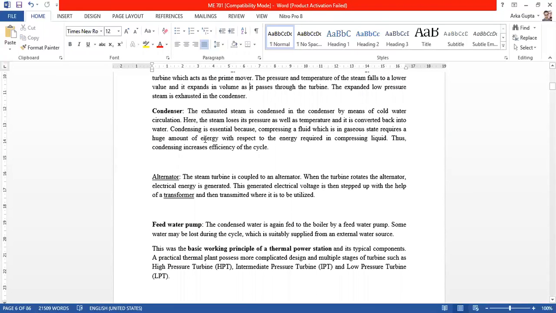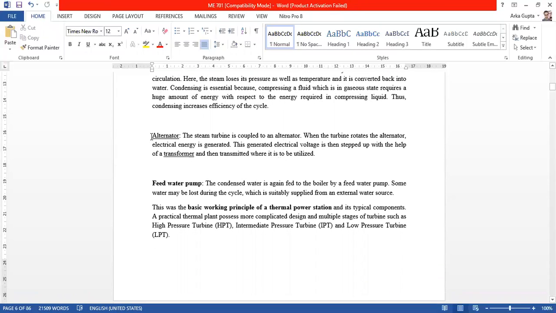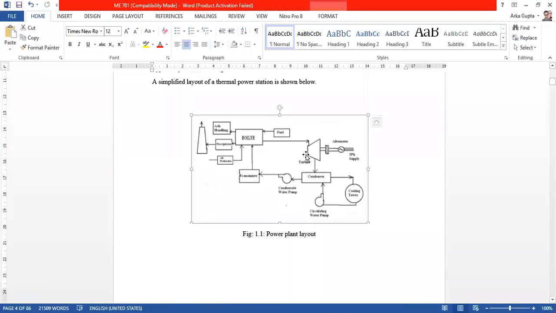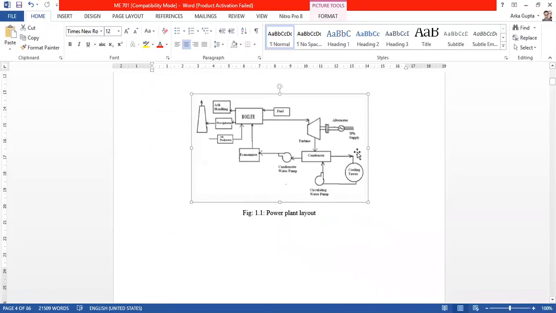And lastly, the condenser. In the condenser, the steam is condensed and converted back to water. The alternator is coupled to the turbine, and three-phase power is generated from the alternator.